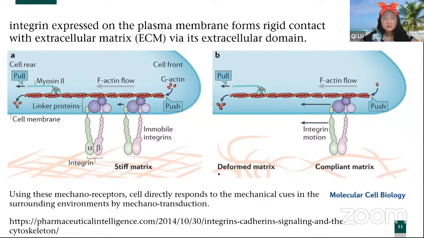And sometimes a deformed matrix will also cause very active binding or dissociation of the integrin with the extracellular matrix. Using these mechanical receptors, cells directly respond to the mechanical cues in the surrounding environment by mechanotransduction.